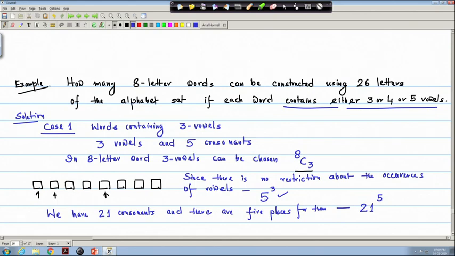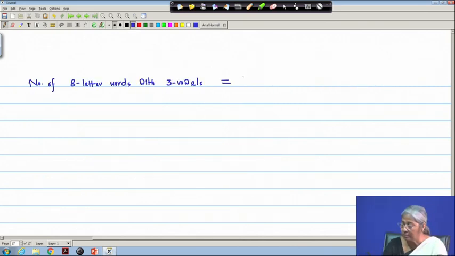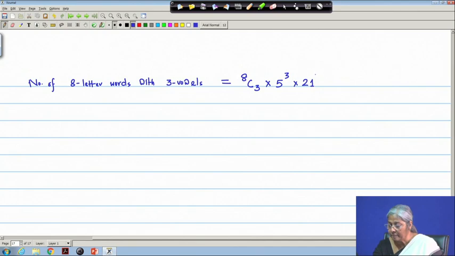Then, since there are 5 vowels and 3 positions, 5 to the power 3. So this number equals 8C3 into 5 to the power 3 into 21 consonants to the power 5 places.